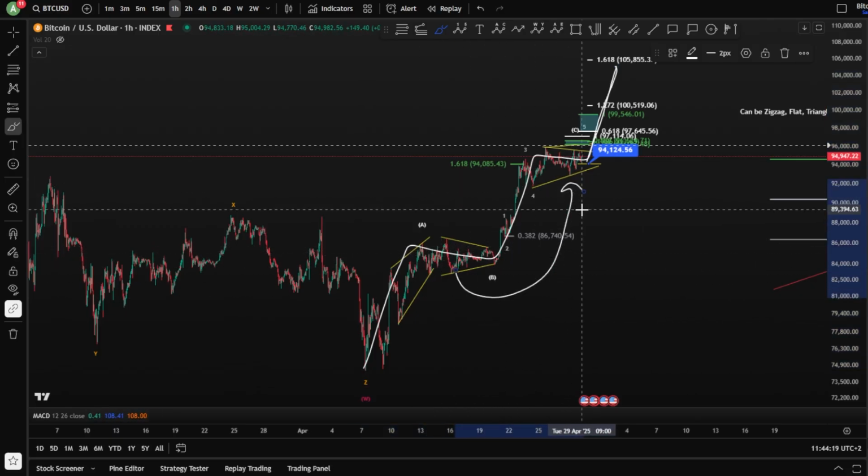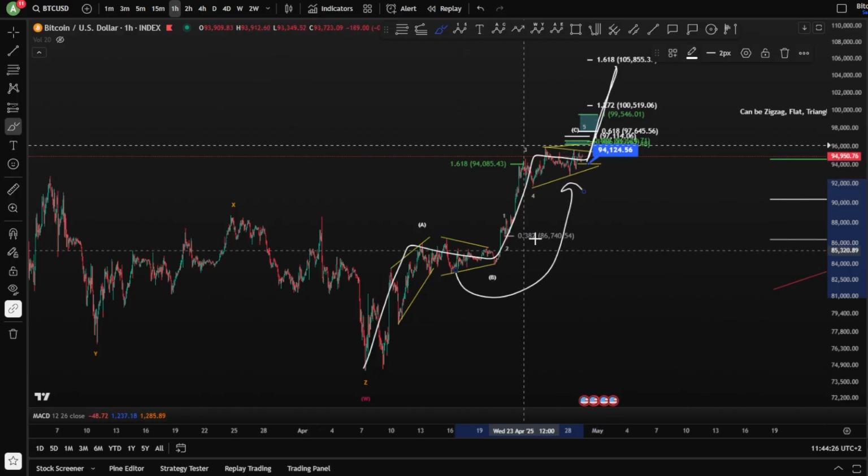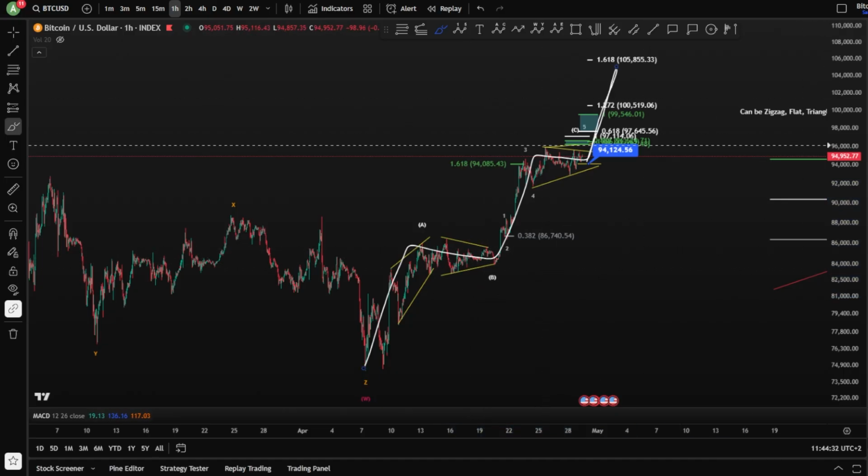So this is an additional reason today to think that this is not an impulse, especially since you have a double sideways in wave 2 and wave 4. So where is the alternation based on Elliott wave? Where is the alternation for wave 2 and wave 4?